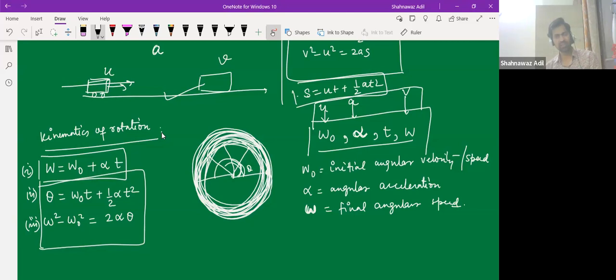Which one is at rest? Dynamics? Then what is static? Statics is the study of rest objects, right?